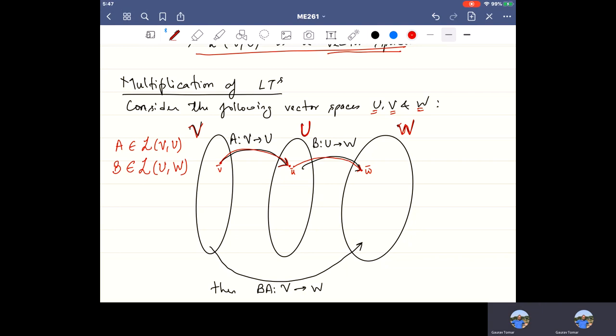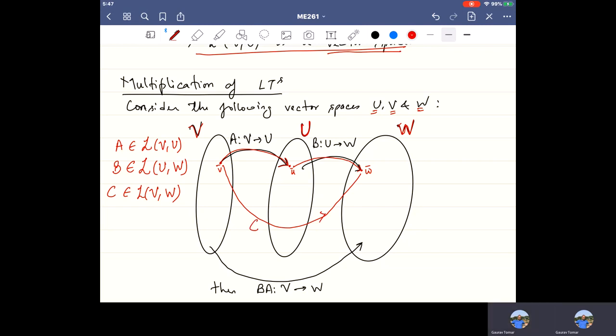Now, what you can do is define another mapping, let's call it C, which belongs to the set of maps from vector space V to W directly. So we can map it directly to W using this C. Okay.